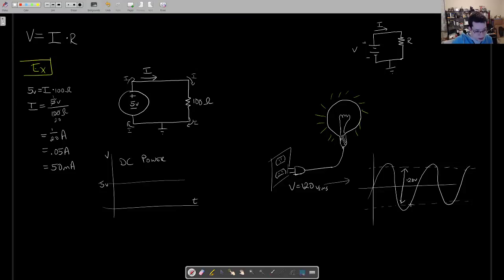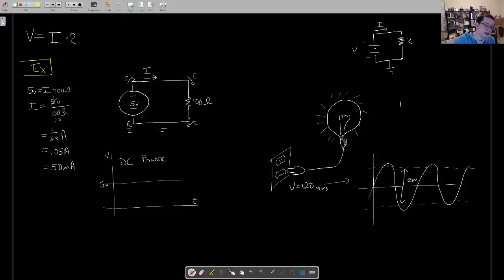And I did not include the peaks because the peaks go a little bit higher. But the effective voltage is 120. Now, we use RMS because that is more or less the effective DC voltage. It's close enough for our purposes. So that's what we're going to use to do the math on this circuit.